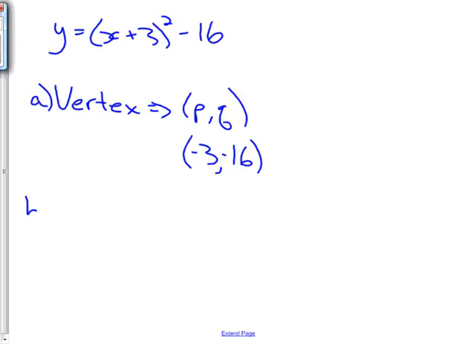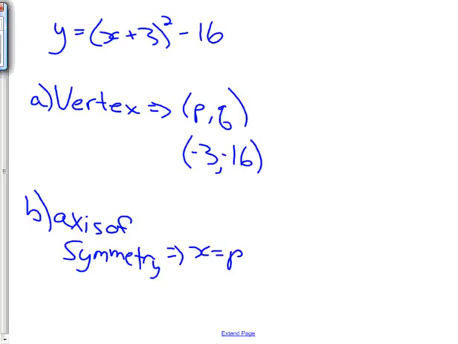What about our axis of symmetry? It's going to be x equals p, so x equals negative 3.